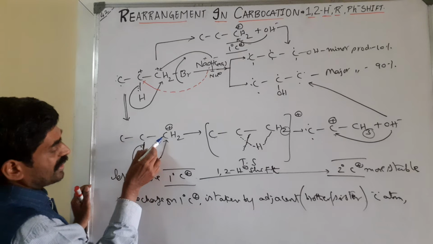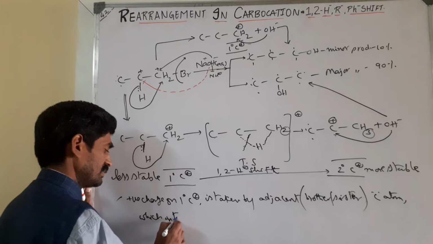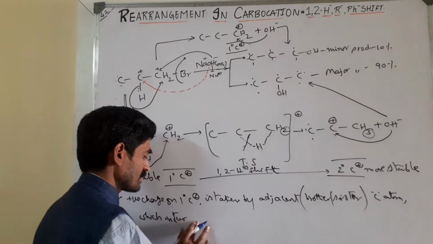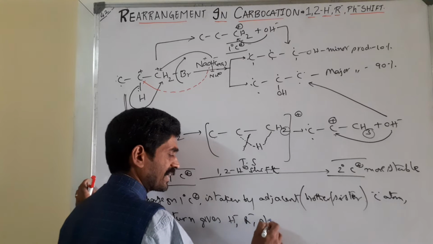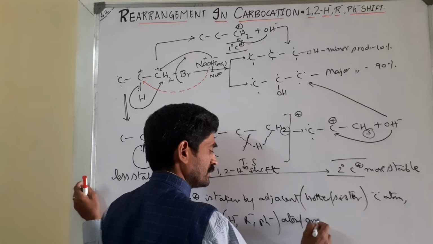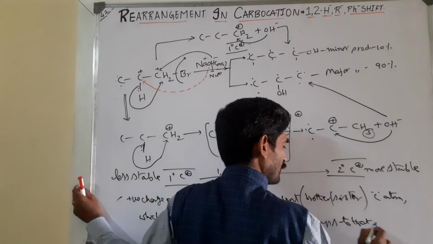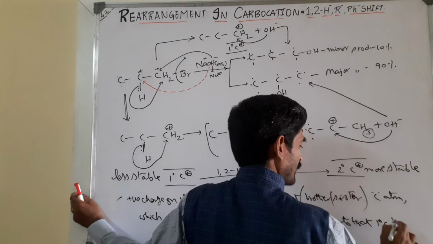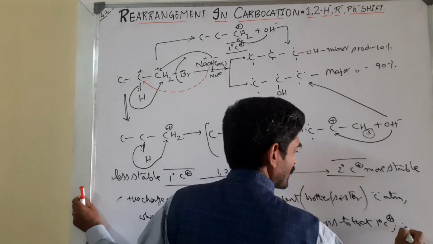The positive charge on the primary carbocation is taken by the adjacent carbon atom, which in turn gives a hydride ion or alkyl group or phenyl group, that is, atoms or groups of atoms, to that primary carbocation and stabilizes it.